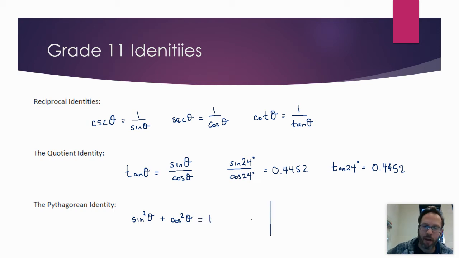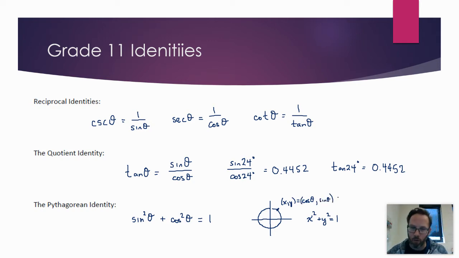This comes from the fact that the unit circle has the equation x squared plus y squared equals 1, and that for any point on the unit circle, (x, y) equals (cos theta, sine theta). So cosine squared plus sine squared is 1, or sine squared plus cosine squared is 1.